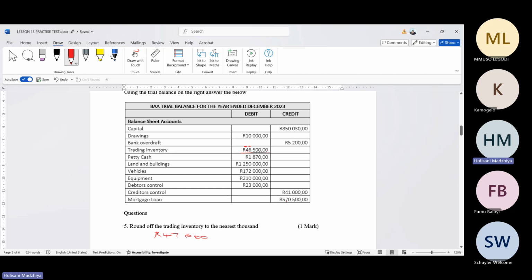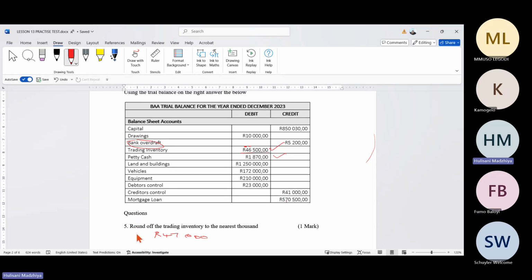So if I am correct, you guys are saying 48,370, which means that you add trading inventory and petty cash only. Is that correct? Yes, sir. So why didn't you add the bank overdraft? I just want to hear your view in terms of why didn't you add the bank overdraft? Isn't bank overdraft a current liability?